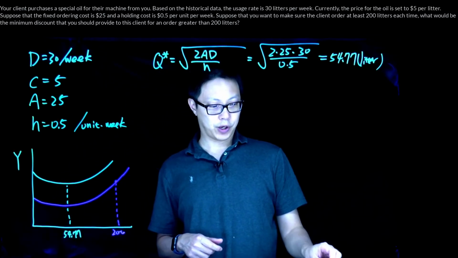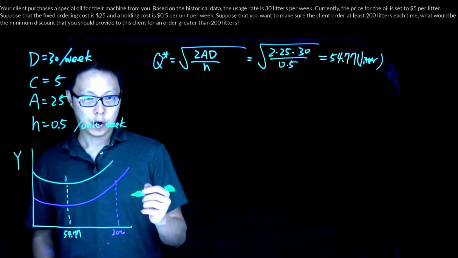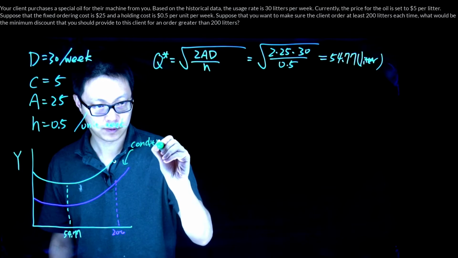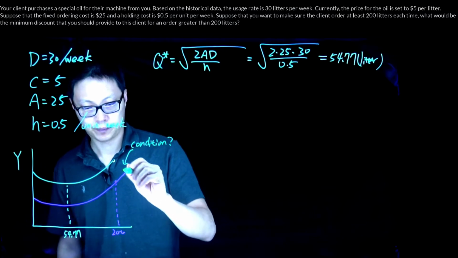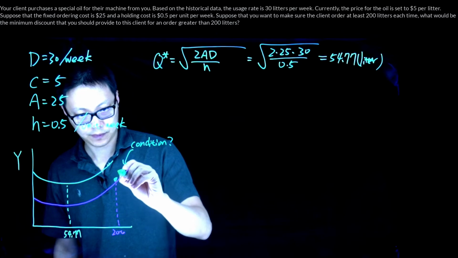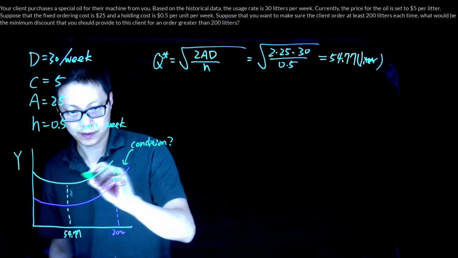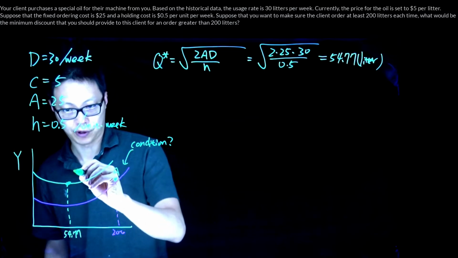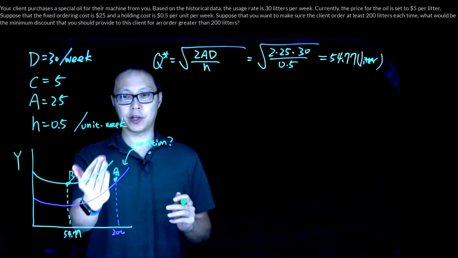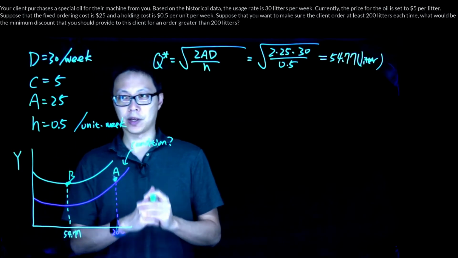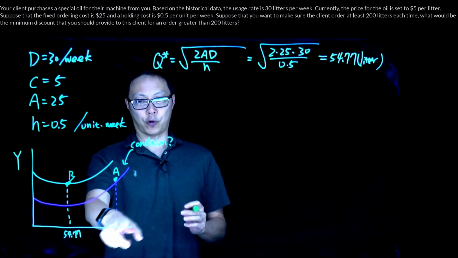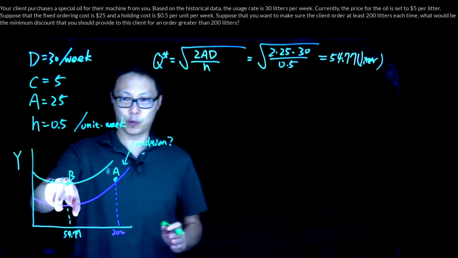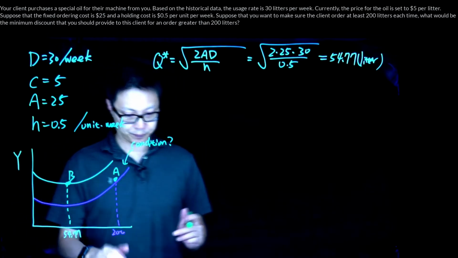So what we want to do here is to figure out what conditions make this cost, we call it A, lower than the cost at this particular point, we call it B. Because only when point A is lower than point B will the customer try to order more. Okay? So now, let's figure out what the cost for B will be.